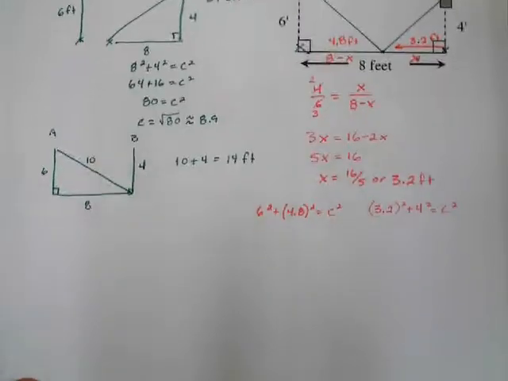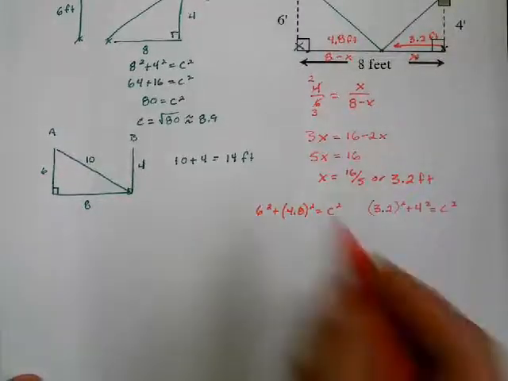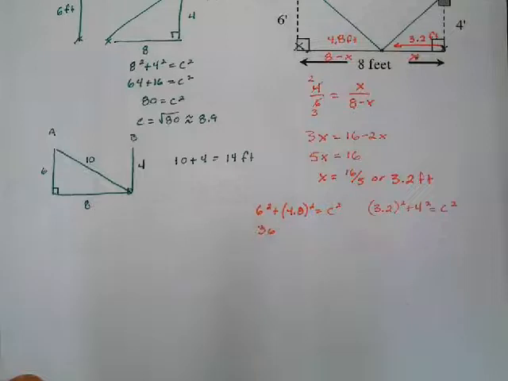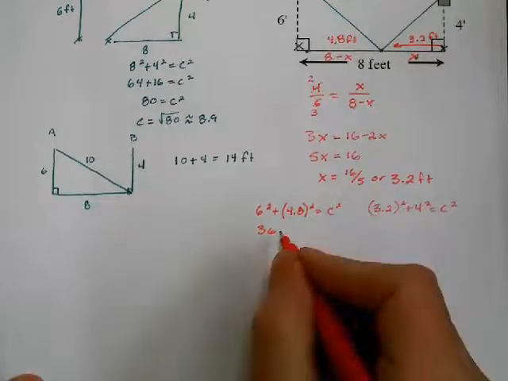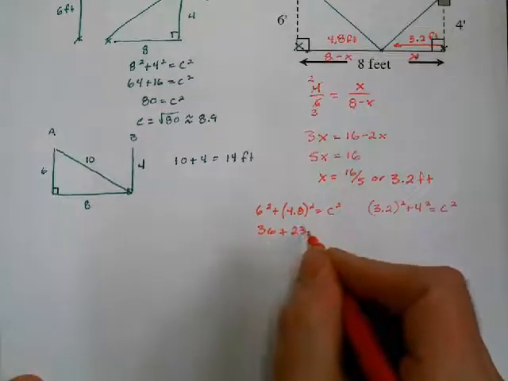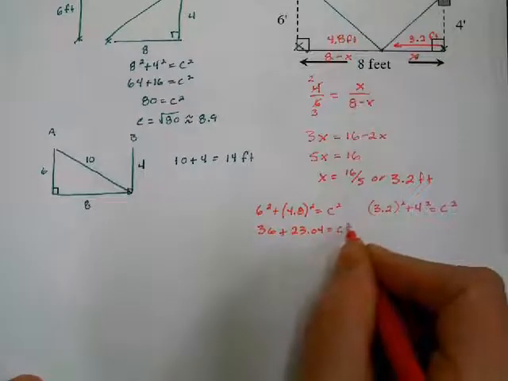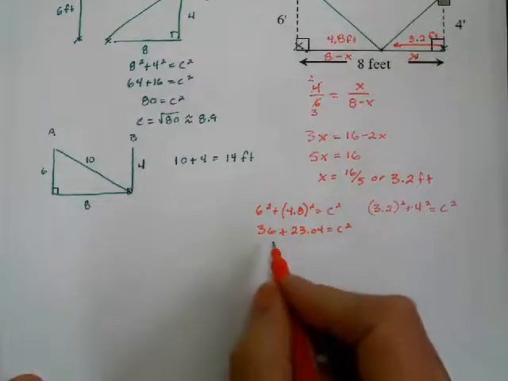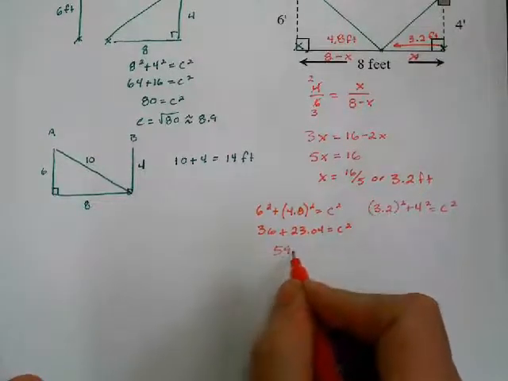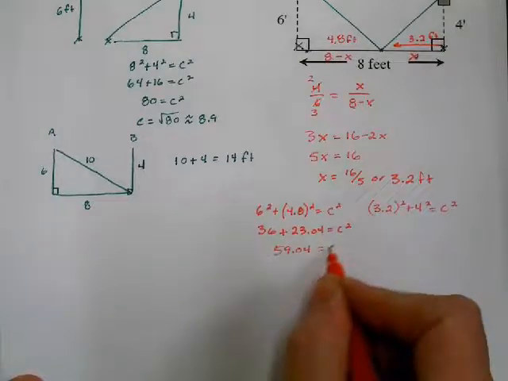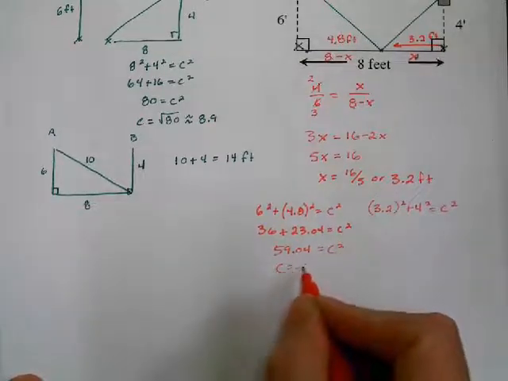And now we'll just go ahead and solve them out. So I get 36, 4.8 squared is 23.04. Combine these two together and I get 59.04. So C would be the square root of 59.04.